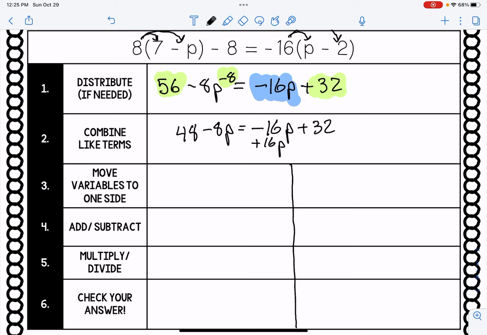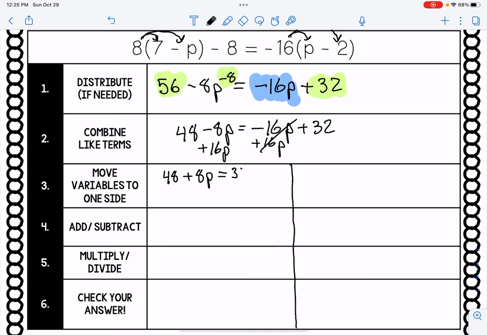In order to move it over to this side, I need to add 16p. So remember, maintain that equality. Do the same thing on both sides of your equal sign. It's going to zero out for us there. And over here, we will have 48 plus, well, negative 8p plus 16p is just 8p. P is just a value we don't know.